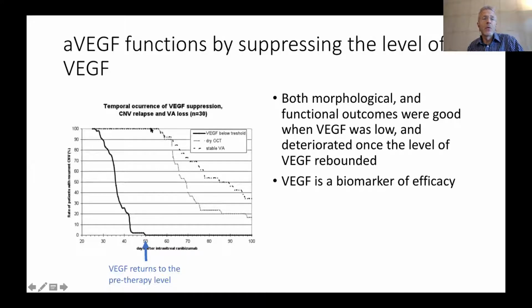And you can see these are the visual parameters of the patients. One is the thickness of the retina, the other is the visual acuity, and those outcomes decline once the VEGF level has returned back to the pre-therapy level. So both the morphological and the functional outcomes were good when VEGF was low, and deteriorated once the level of VEGF rebounded.